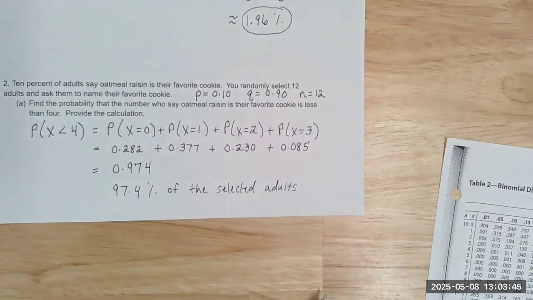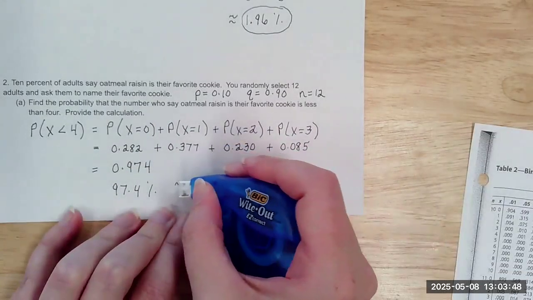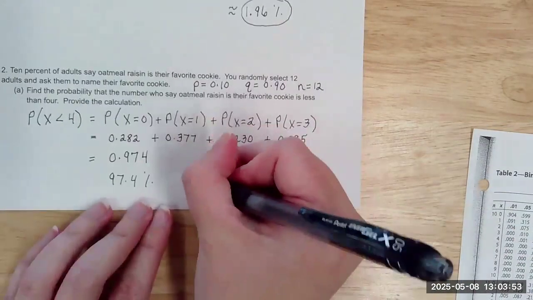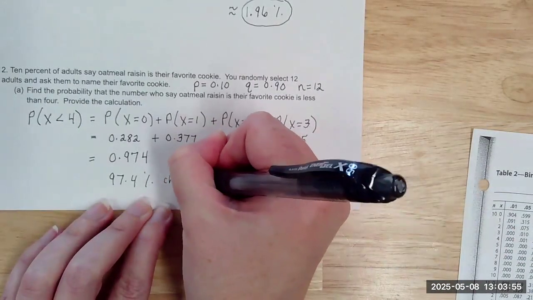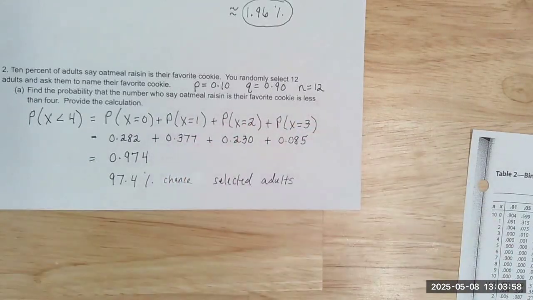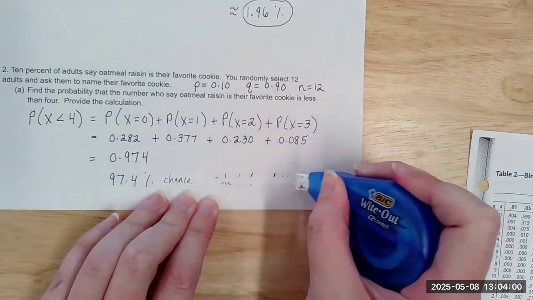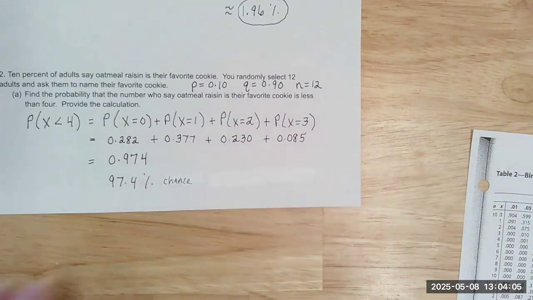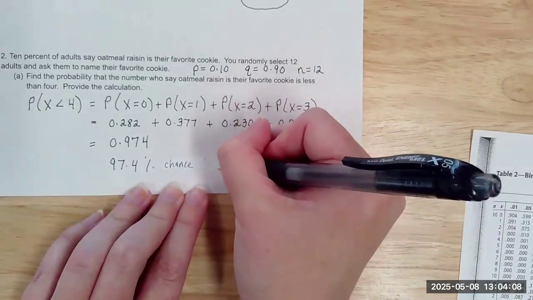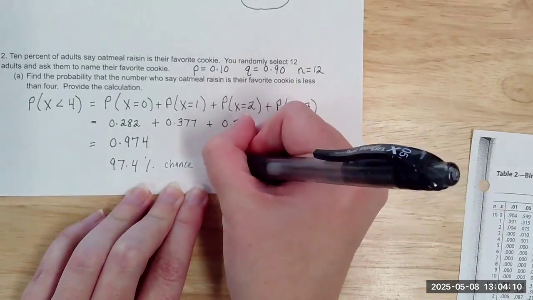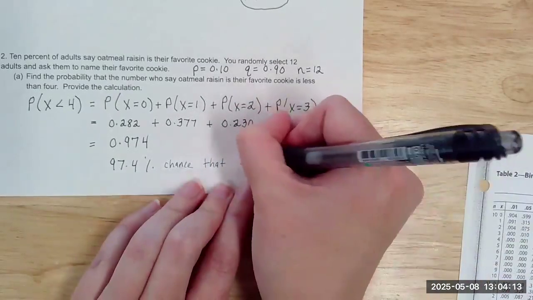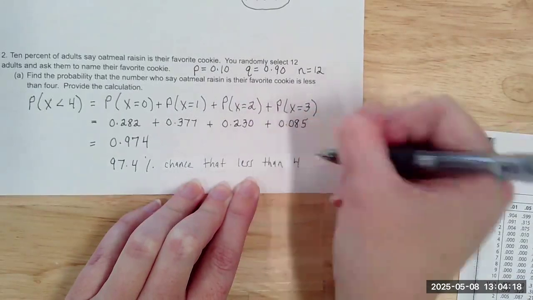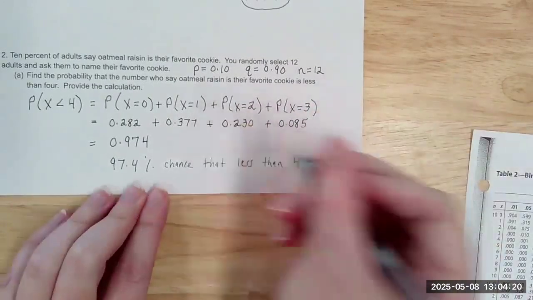Oh, sorry, 97.4% chance. I shouldn't have written the words out, sorry. 97.4% chance that less than 4 will say oatmeal raisin is their favorite.